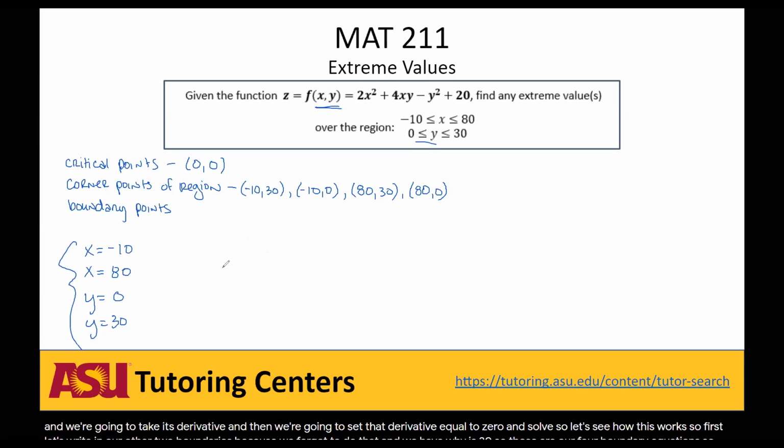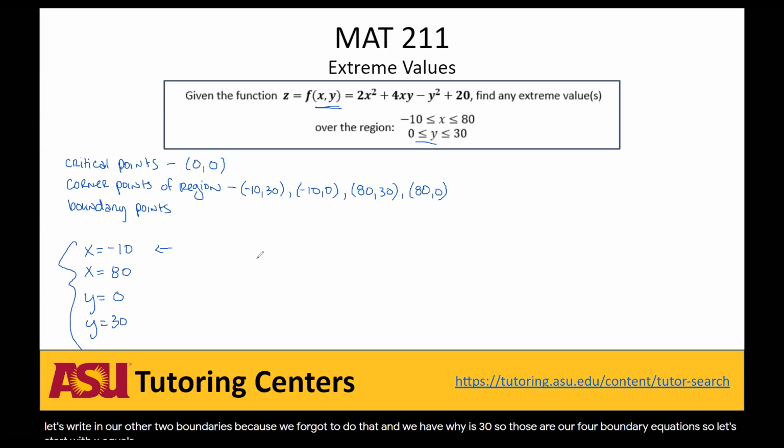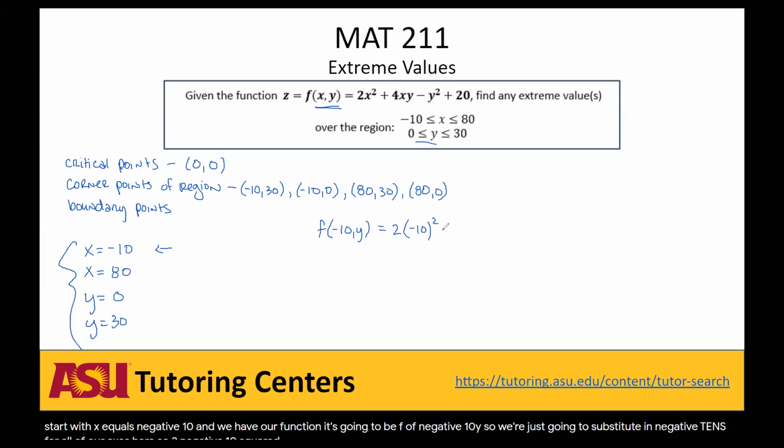Let's start with x equals -10. Our function is going to be f of -10, y. So we're just going to substitute in -10 for all of our x's here. So 2 times -10 squared plus 4 times -10 times y minus y squared plus 20.